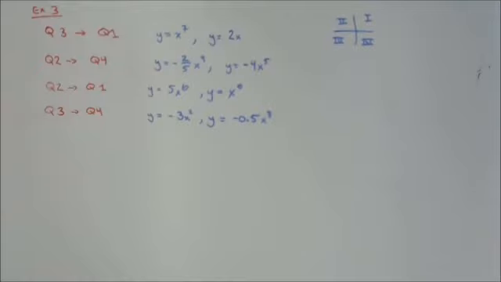Okay, and if you want to put a little note, you can say why they're each there. The top box from Q3 to Q1, they have an odd exponent, positive coefficient. Then you have odd exponent, negative coefficient, even exponent, positive coefficient, and the last one, Q3 to Q4, was even exponent, negative coefficient.